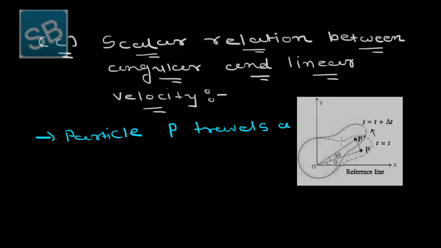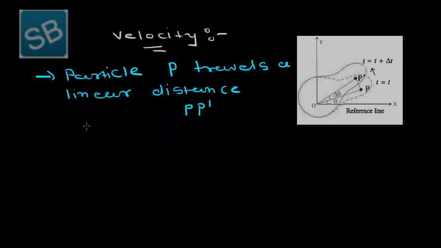because this is the linear displacement. No angle is required to make such a distance or displacement PP dash, and the time interval is given by delta t.